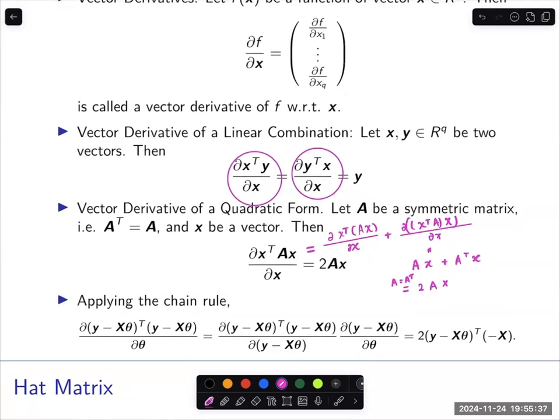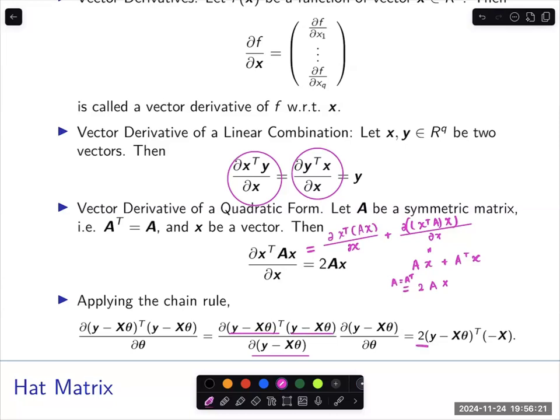With this justification, we can apply the chain rule to take the derivative of y minus x theta transpose times y minus x theta with respect to theta. We first take the derivative of y minus x theta transpose with respect to y minus x theta as a whole, and then take the partial derivative of y minus x theta with respect to theta. We take the partial derivative of the first term and the partial derivative of the second term.